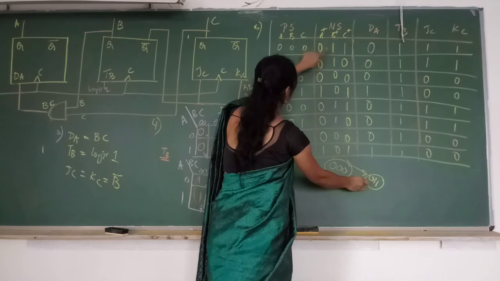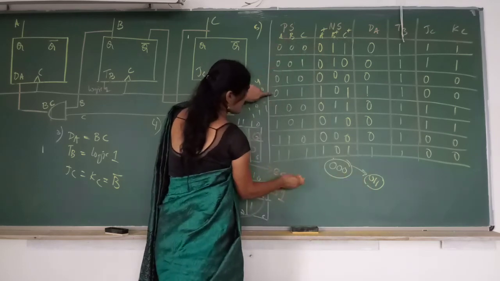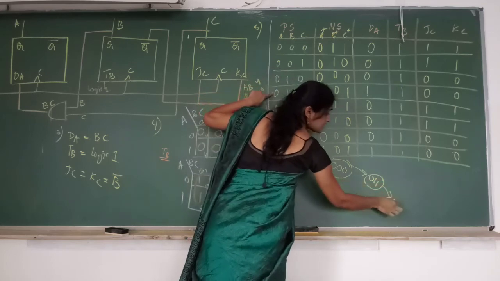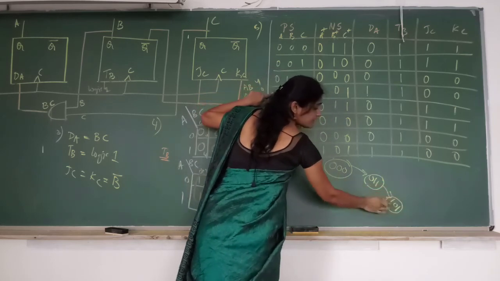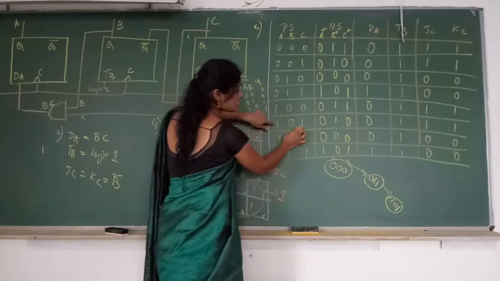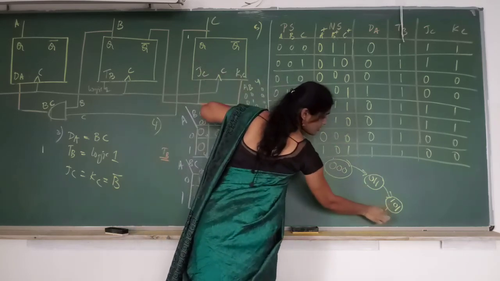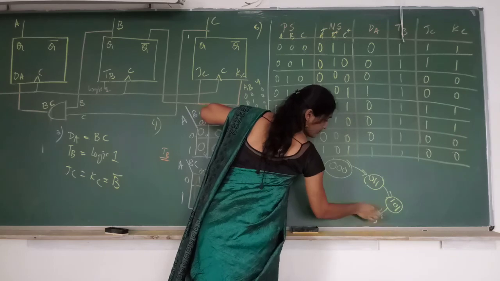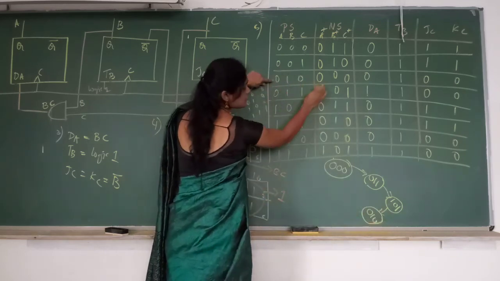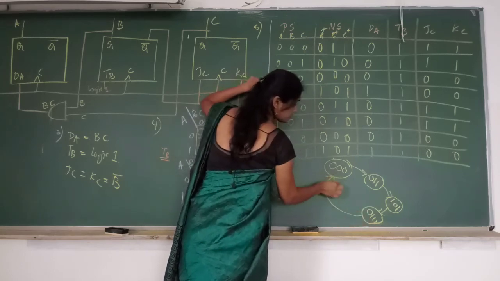Search for 0 1 1. If 0 1 1 is the present state, the next state is 1 0 1. If 1 0 1 is the present state, the next state is 0 1 0. If 0 1 0 is the present state, the next state is 0 0 0. That's all.